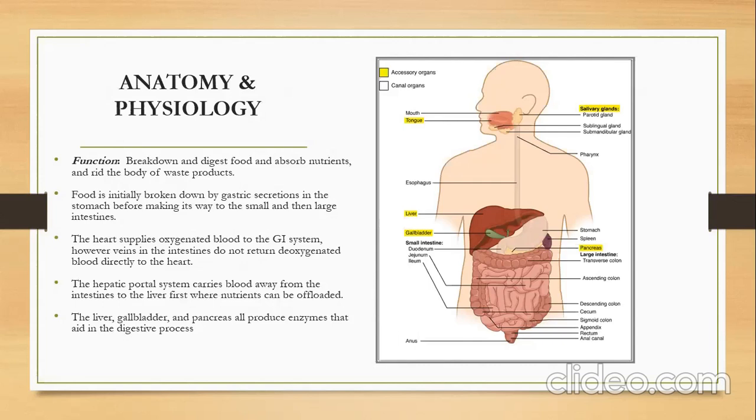That will be important next week when we talk about the liver. I'm not going to talk about esophageal varices tonight, but we will cover that next week as well when we talk about the liver. The gallbladder, the pancreas, those organs, they all make those enzymes, like I said, that help break down the food.